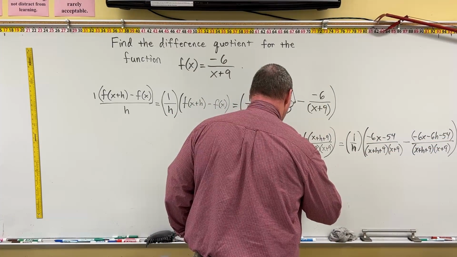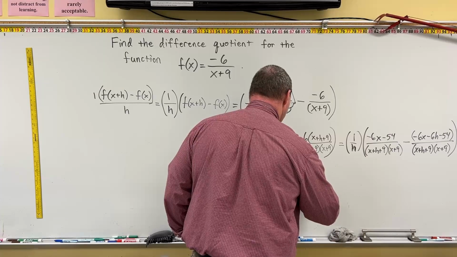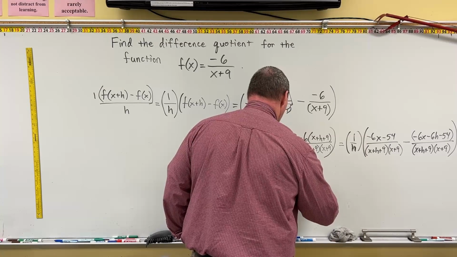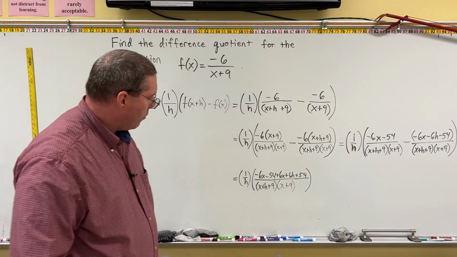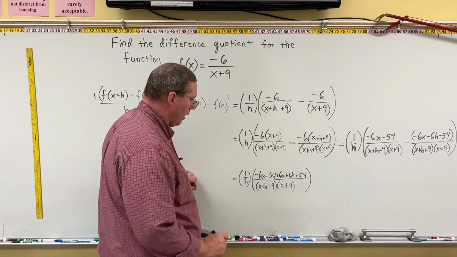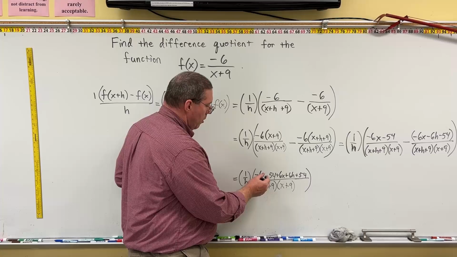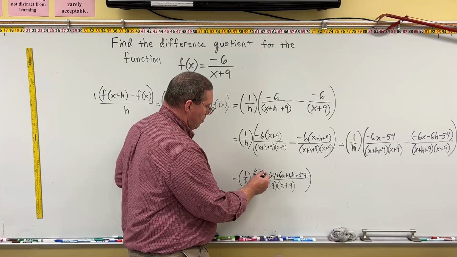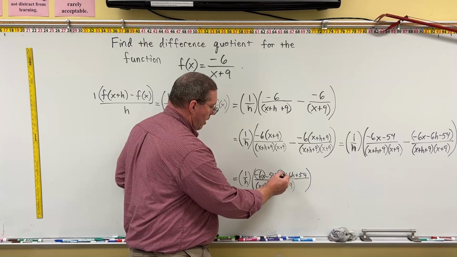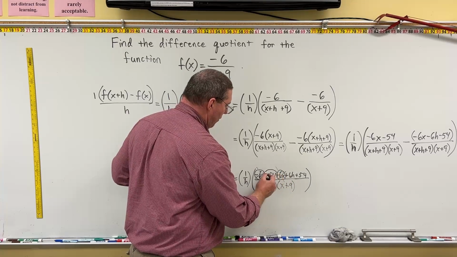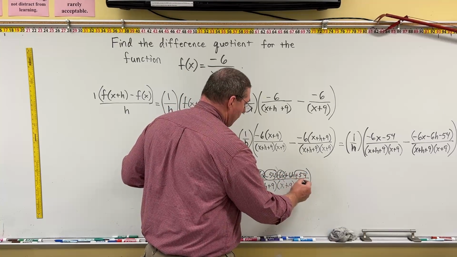Now if you need to slow this down or re-watch parts of this, you should go ahead and do that. But here's where it's going to get really, really easy. We now have a negative 6x and a positive 6x. They're going to cancel each other out. We have a negative 54 and we have a positive 54.